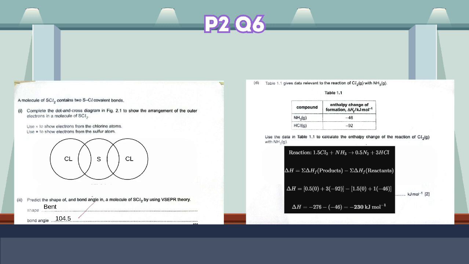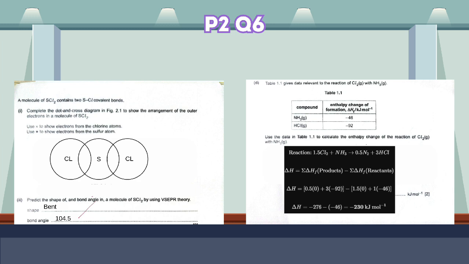And then for the last question, enthalpy change of formation, we use the formula delta H equals to... before that we balance the equation first, and we got it like this.